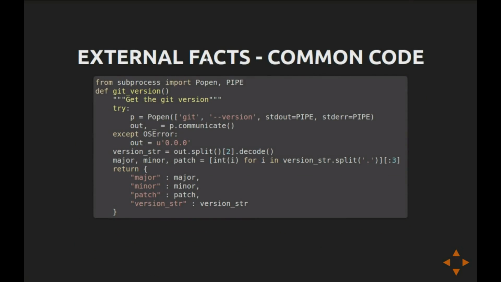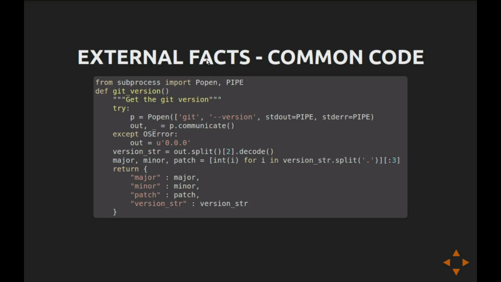There's one other thing that's commonly used in systems like Puppet, which is the ability to provide additional facts that are not provided by the system. Like for example, I really care about what version of Git is installed on my system. So what I've done here is I've written out a bit of Python code that will go and query what version of Git I happen to have installed on my computer.